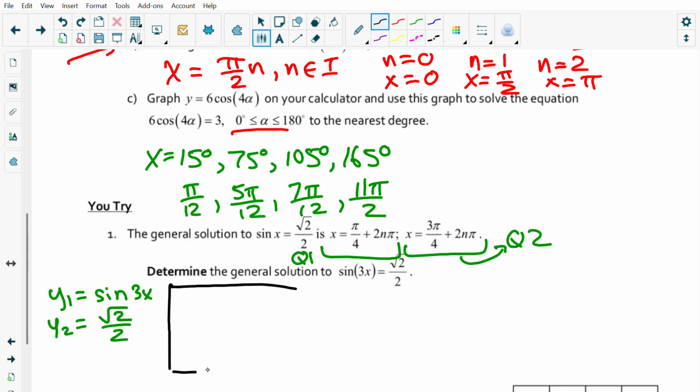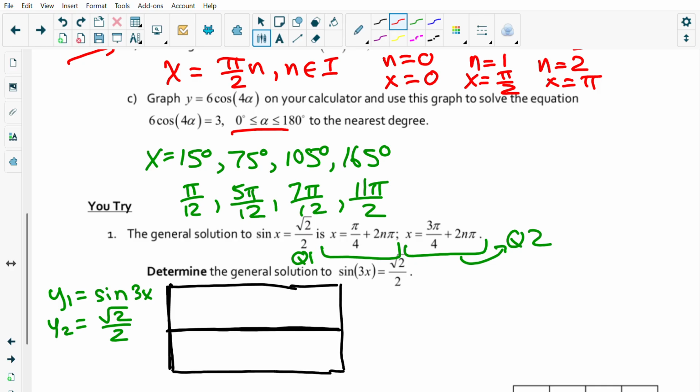So when I look at this, there's my two axes, x and y axis. And let me go 2 pi.